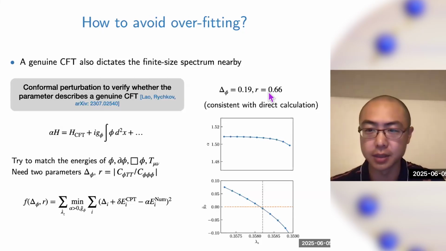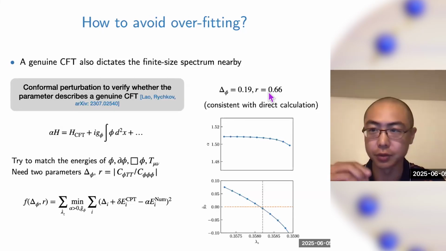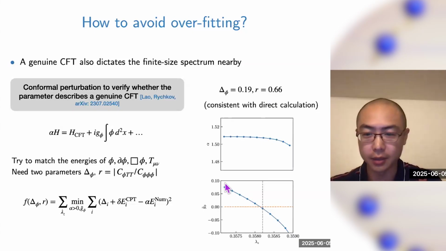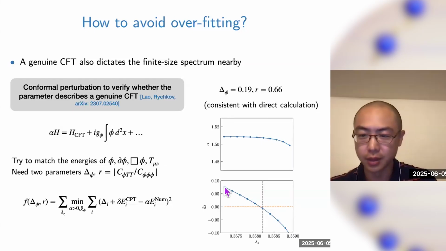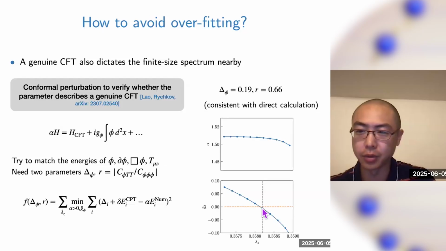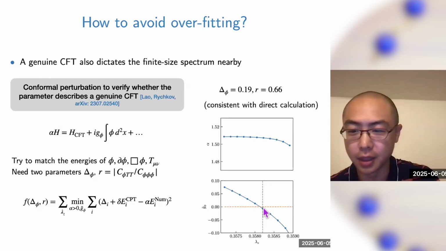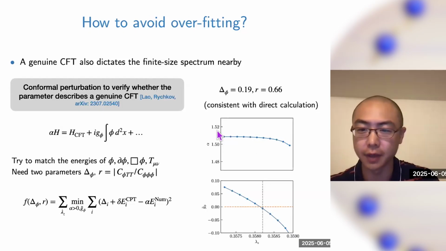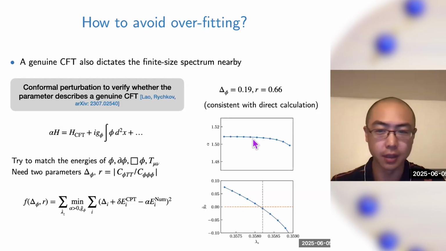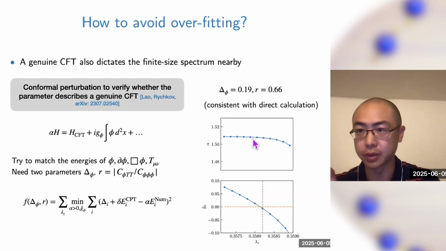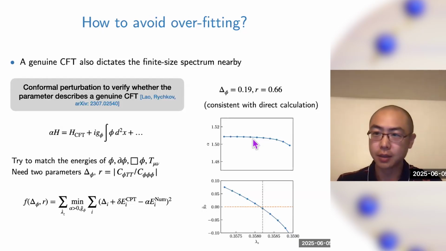Not exactly the same, but it's consistent with the direct calculation using the energy spectrum. And you can see that the effective coupling changes sign, and it's almost zero at the critical point. That is the output from the gradient descent calculation, and this rescaling factor barely changes across the putative critical point.